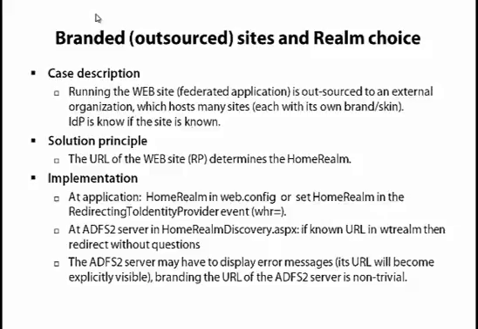First at the application. There is a home realm parameter in web.config. Just fill it in and the parameter will be there when it's redirected. Or you can put the home realm parameter in there in an event if you want to do that. And the other method is to do it at the ADFS server. If there is no home realm, then you'll get to the home realm discovery page.